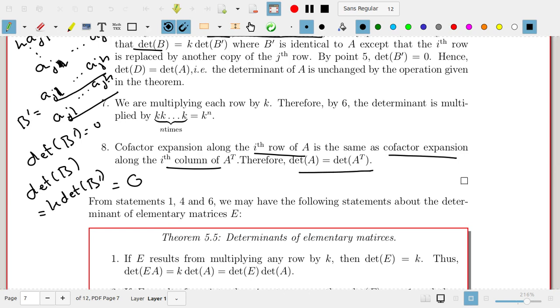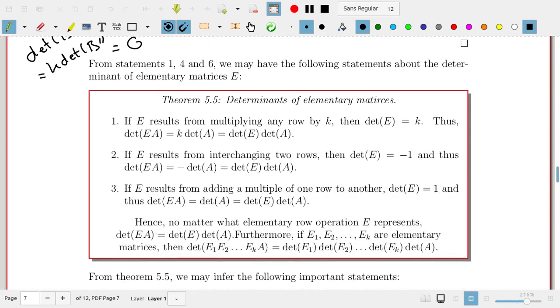From the previous statements, one thing is made clear about the determinants of elementary matrices. If E results from multiplying any row by k, then the determinant of E equals k.